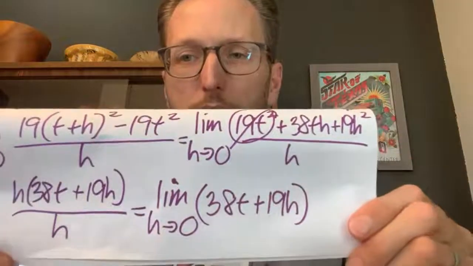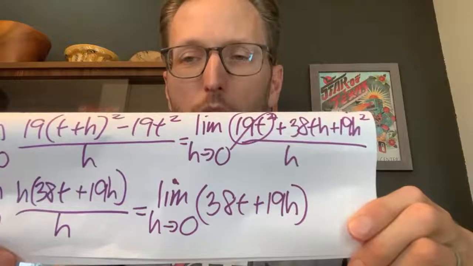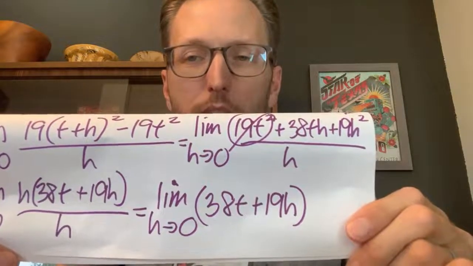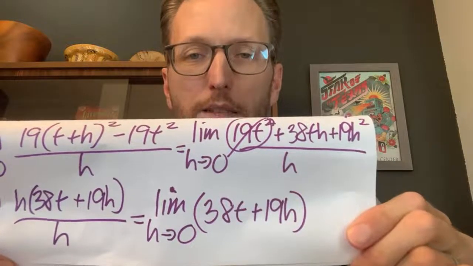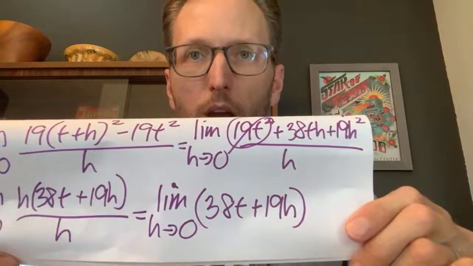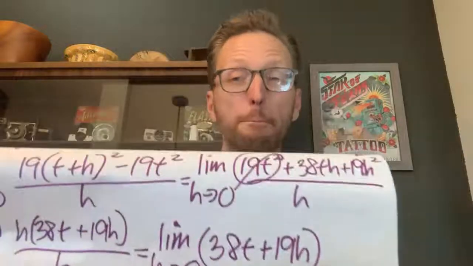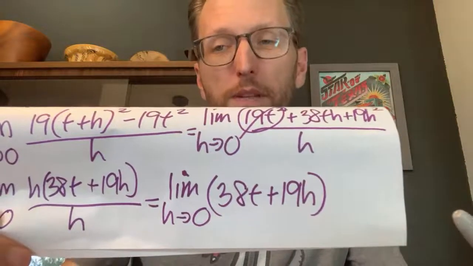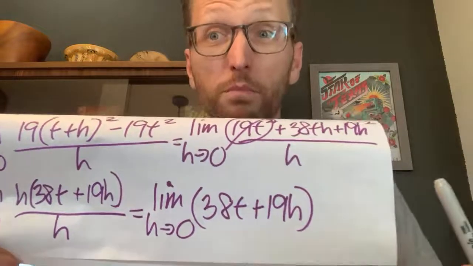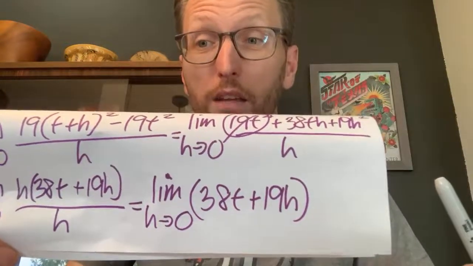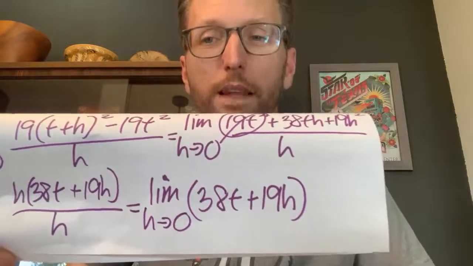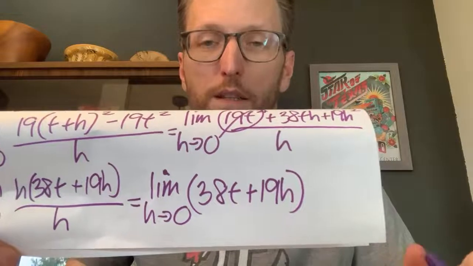So we have to use parentheses for this last limit, because we don't want any ambiguity as to, are we taking the limit of just 38t or both 38t and 19h? Okay, that's number 16. Now we could plug in that 0, which is basically called substitution, and we get a real expression, and then we could plug in time equals 9 to get the official answer.